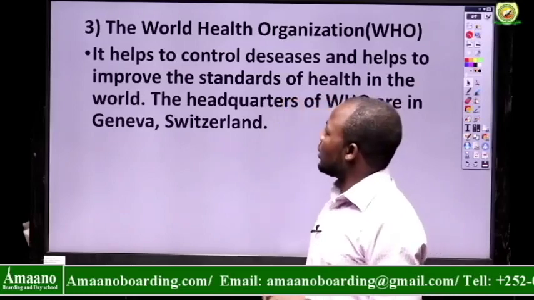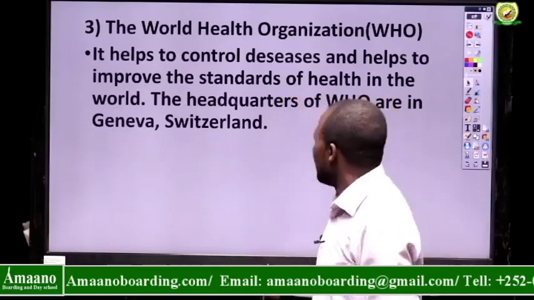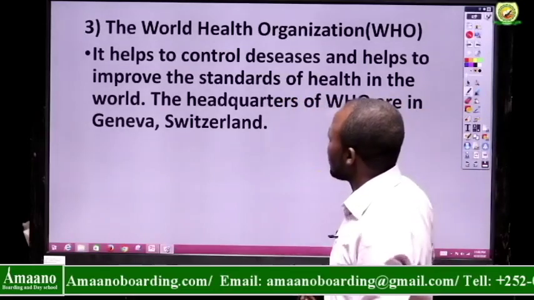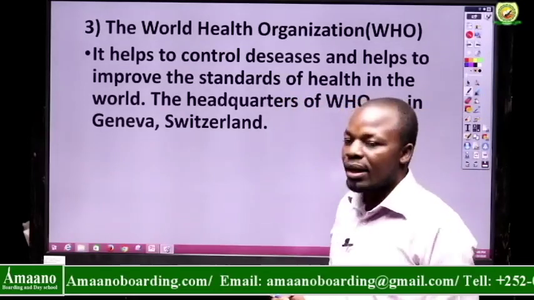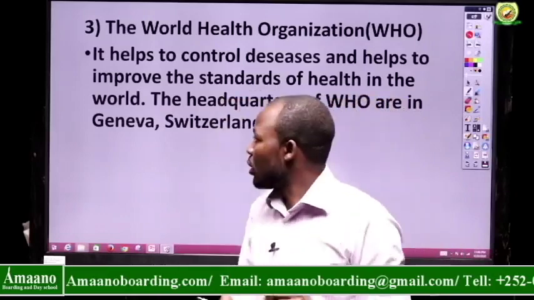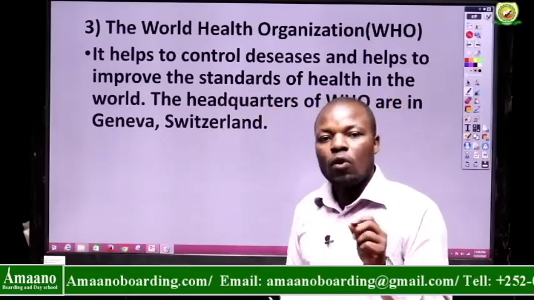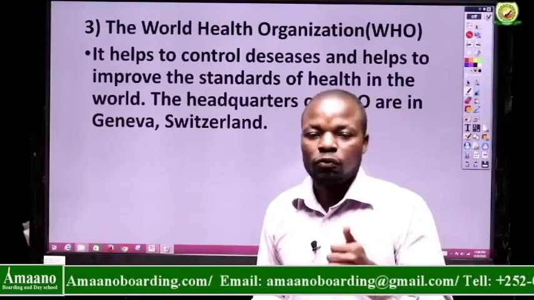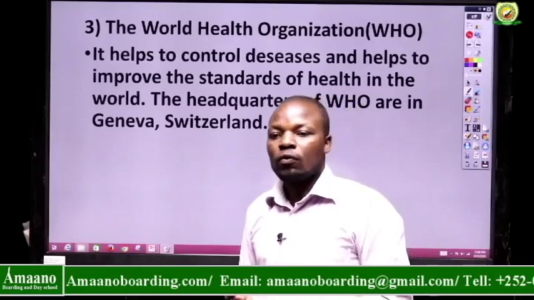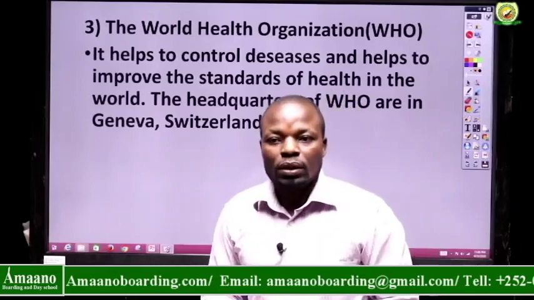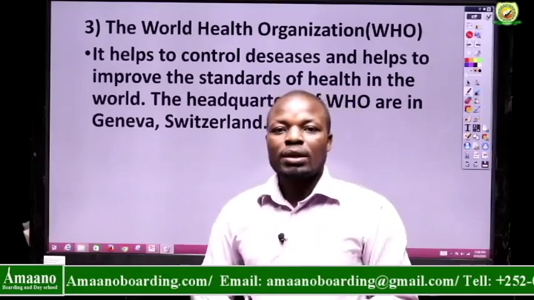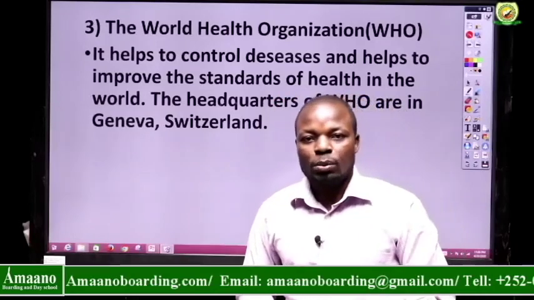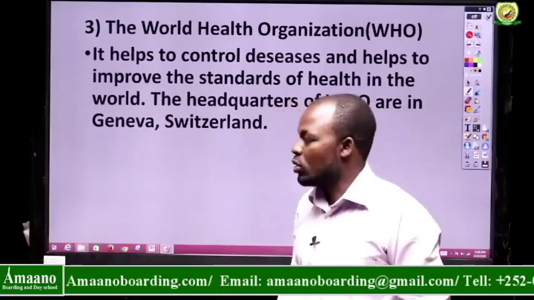It helps to control diseases, and as it does, it improves the standards of health of all the people of the world. The headquarters of WHO is in Geneva, Switzerland. Therefore, you have seen that the headquarters of ILO, the International Labour Organization, is in Geneva, Switzerland, and also the headquarters of the World Health Organization, WHO, is in Geneva, Switzerland.